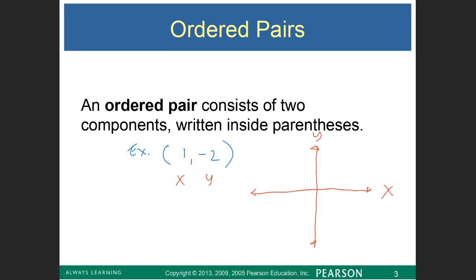And at the middle, you have the point of origin, that is the intersection between the x and the y-axis. And what would be the ordered pair at the point of origin? That would be (0, 0).